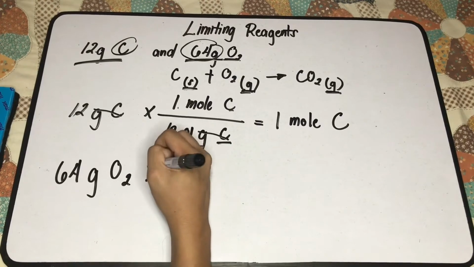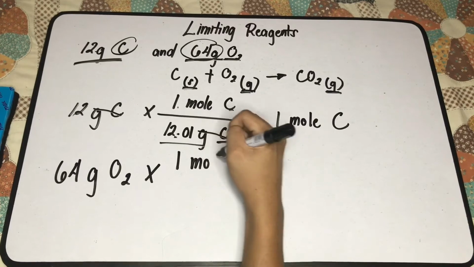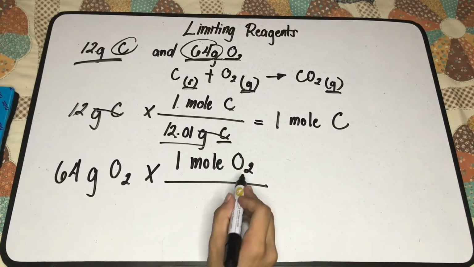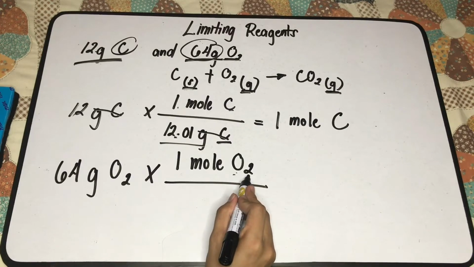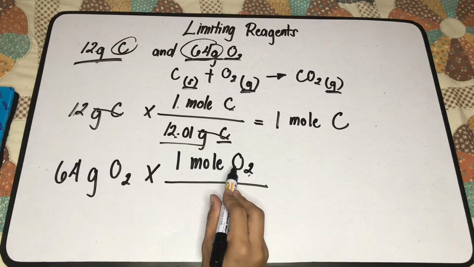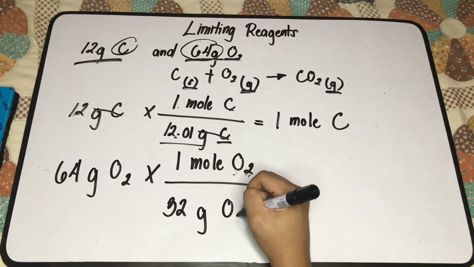oxygen gas, we're just going to multiply this to 1 mole ng oxygen gas. We have, yung molar mass ng oxygen O2 is just 2 times the molar mass of oxygen. Ang molar mass ng oxygen is 16 times 2 kasi dalawang atoms ng oxygen. So, 16 times 2, we have 32 grams of oxygen gas.